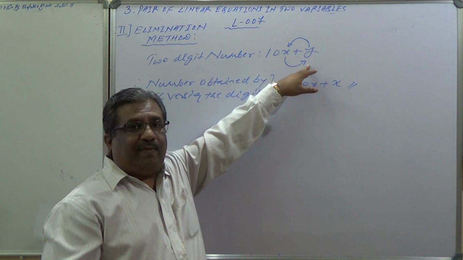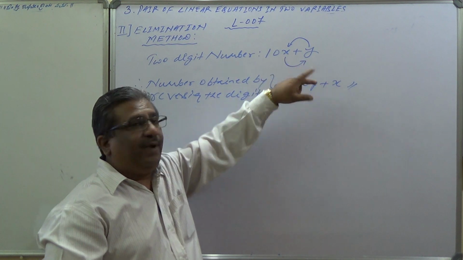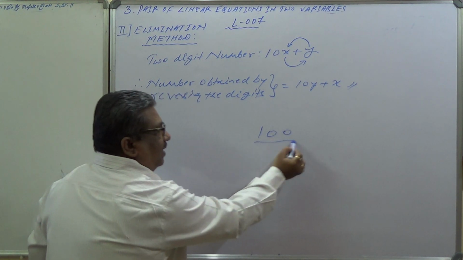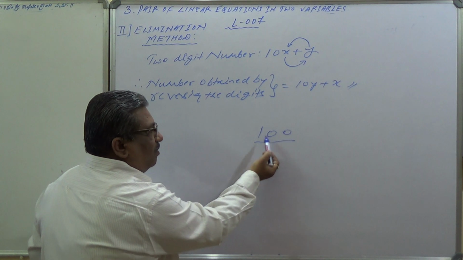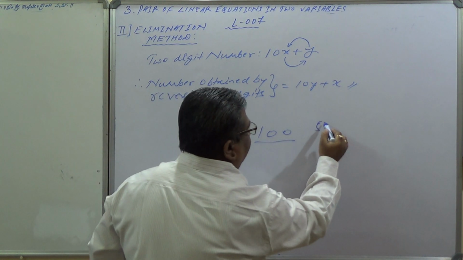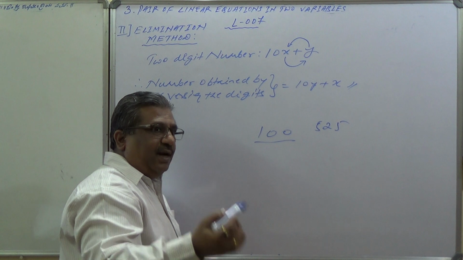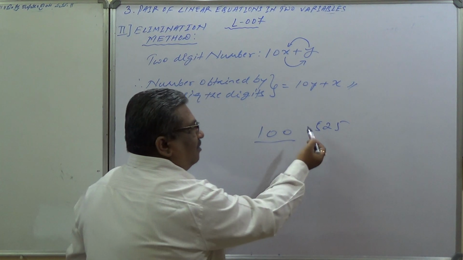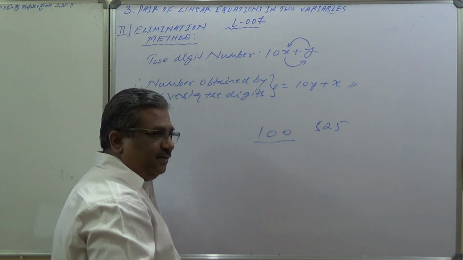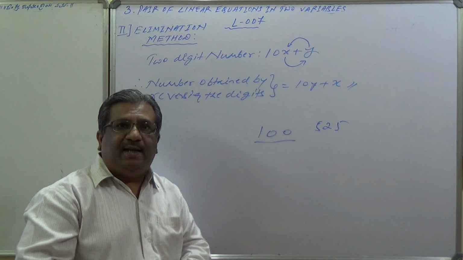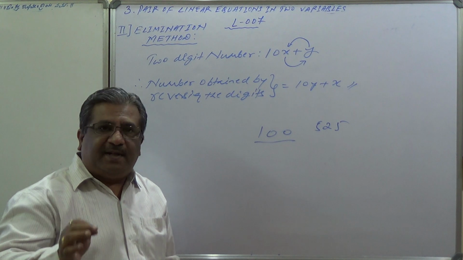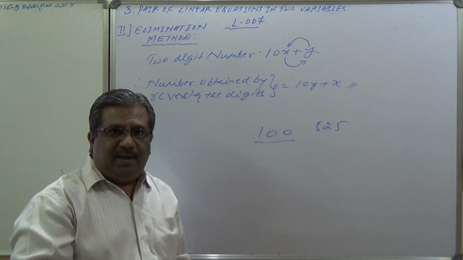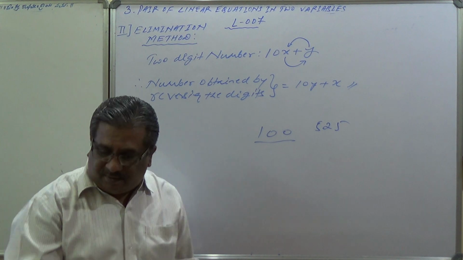For example, 100 is a number, 0, 0, 1 are the digits. 525 is a number, 5 is a units digit, 2 is a tens digit, 5 once again is a hundreds digit. I hope you are understanding the difference between the digits and a number. Can I start the problem now? Yes, we will begin.